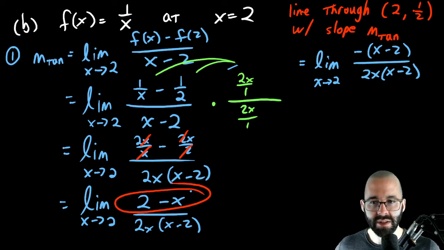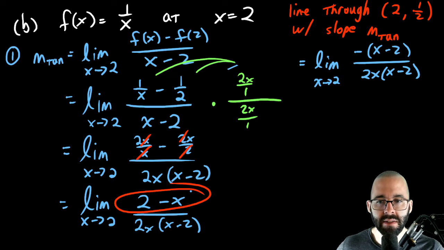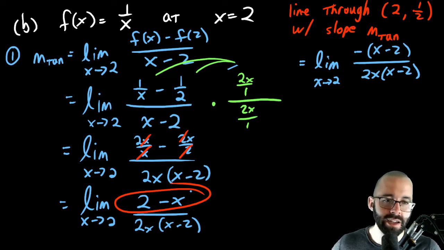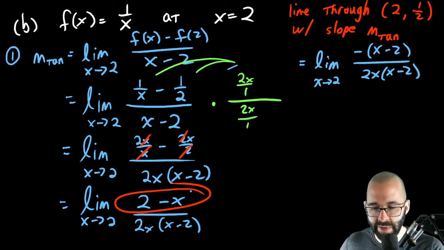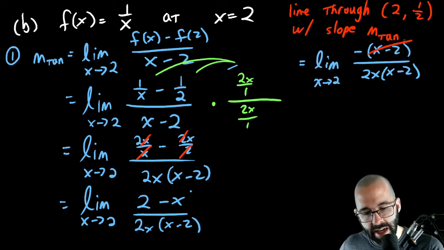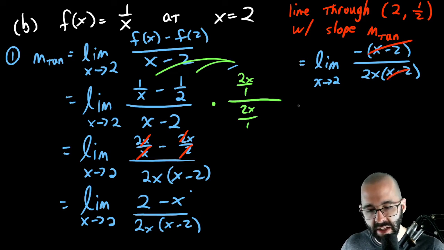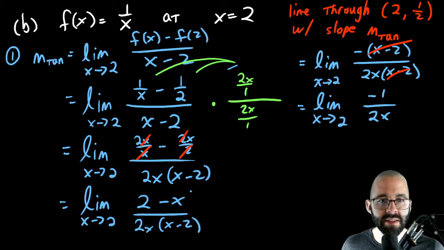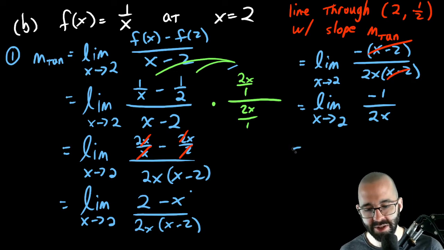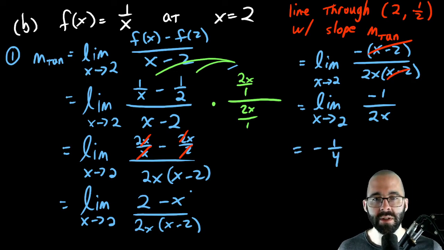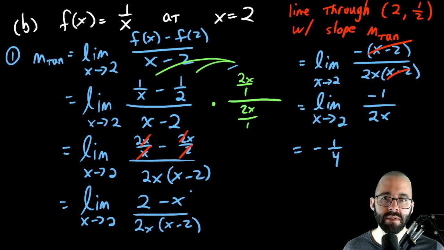Negative x plus 2 is exactly what we had, 2 minus x. That's the same thing. And now we can cancel these. And we're left with the limit as x approaches 2 of negative 1 divided by 2x. Now this is rational. We're not dividing by 0. We can use direct substitution and get negative 1/4. That's our limit.